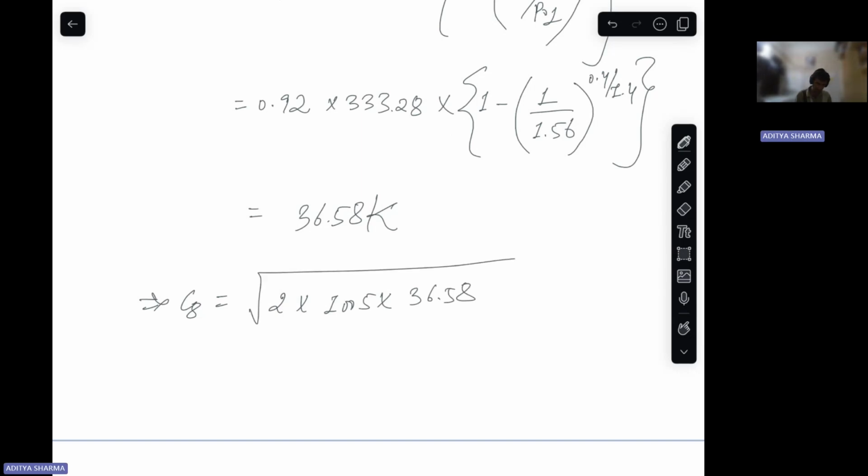And if I've calculated it correctly, this is 271.15 meter per second.